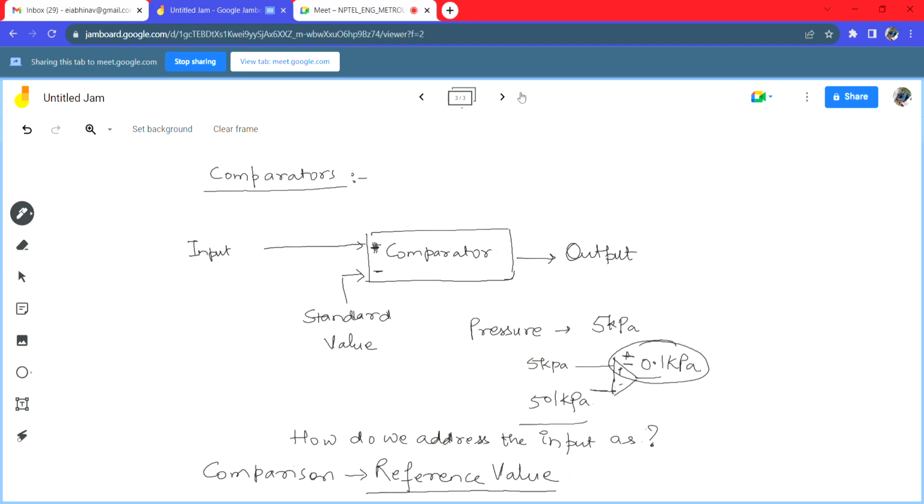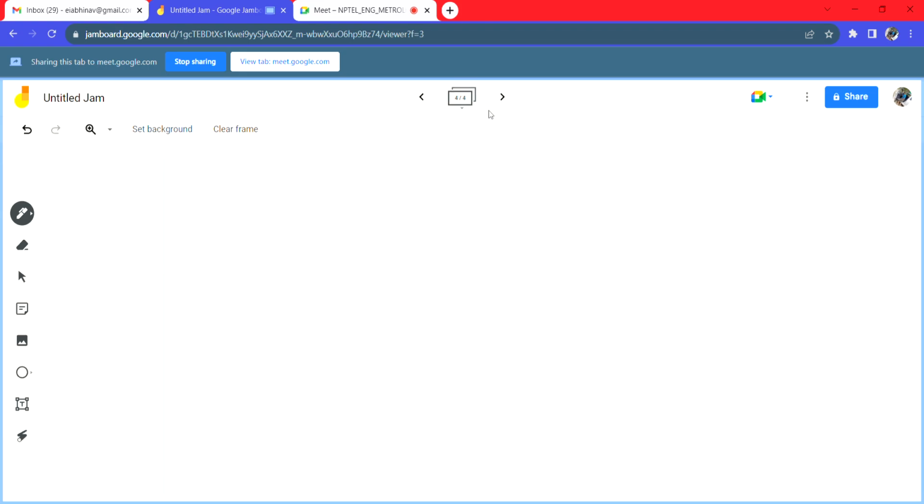We can see this with the help of a graph also. If we have a curve like this and this is my zero line, and this peak corresponds to, say, 3.3.